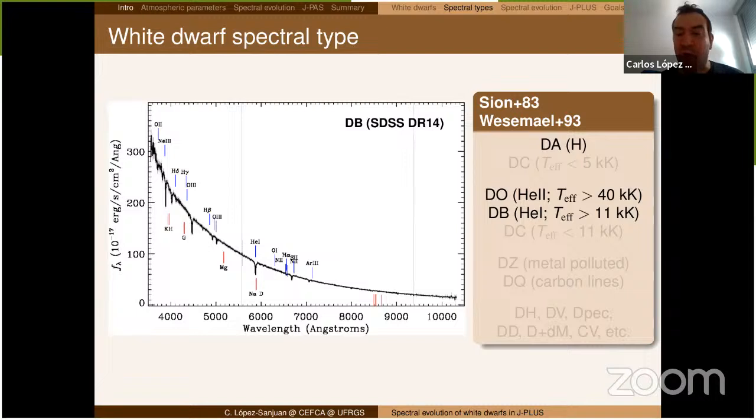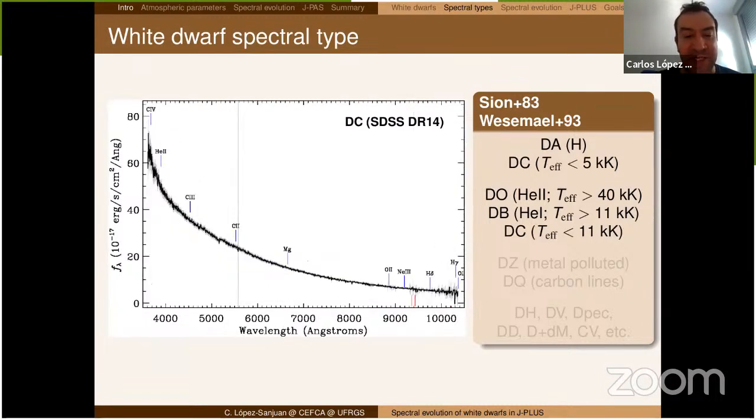When we go below this temperature, we depopulate the ionization states, and basically the lines disappear. So it's what we call DCs. C is from continuum. We see no absorption lines, basically a continuum spectrum. So this happens for helium-dominated atmospheres below 11,000 Kelvin, and also for DAs, hydrogen-dominated, below 5,000 Kelvin.